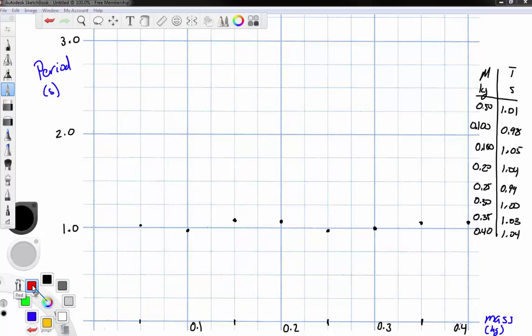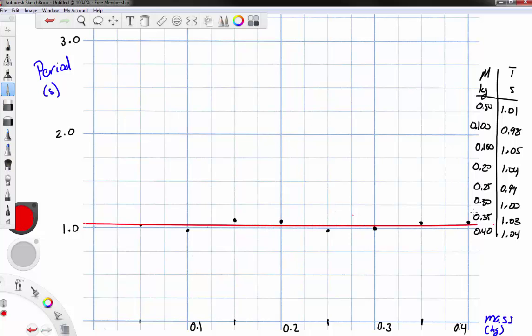So what I need to do at this point is basically draw a line of best fit. Now I don't have a way of putting a ruler on my screen here that I can follow easily, but what you would want to do is use a ruler to make sure that you're getting a nice straight line. You set up your ruler and you do your level best to draw a nice straight line of best fit.